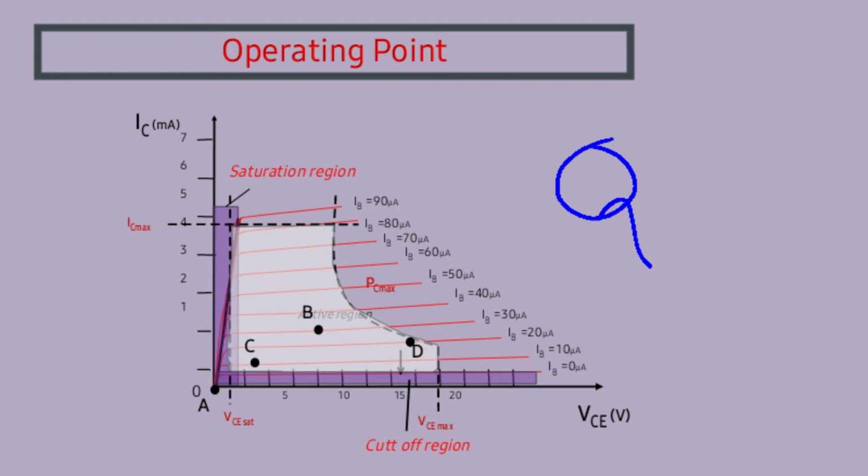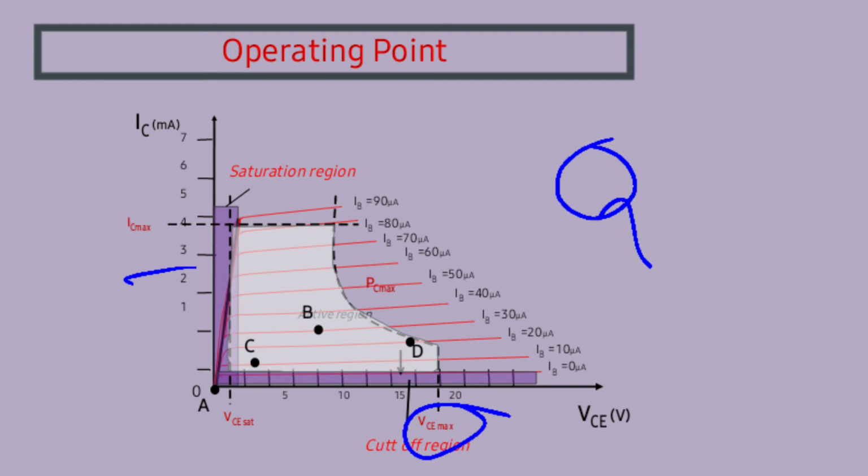Here the maximum ratings are indicated on this characteristic by a horizontal line for the maximum collector current IC max, and a vertical line at the maximum collector to emitter voltage, that is VCE max.